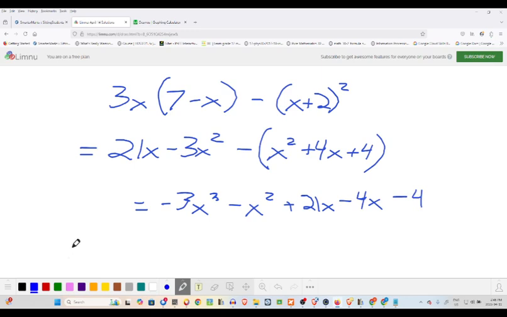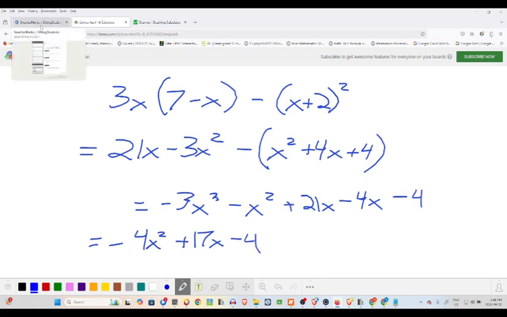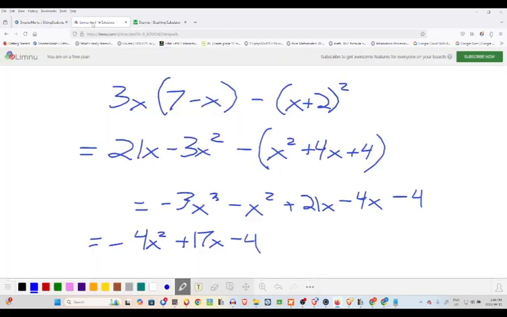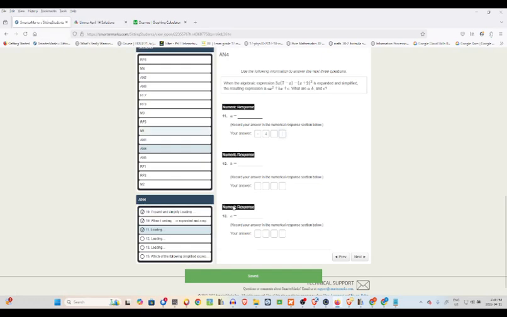And then minus 4 is our only constant. So this is a negative 4x squared plus 17x minus 4.